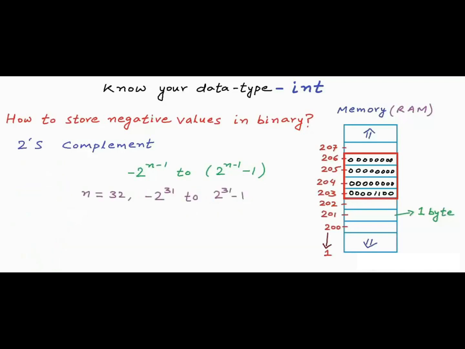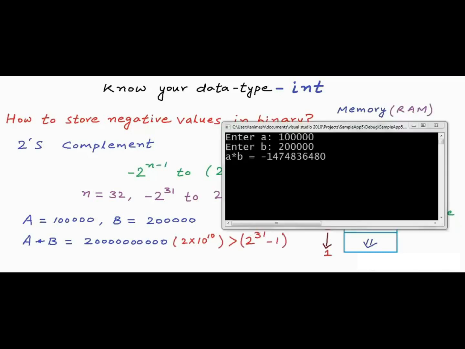Now with 32 bits we can have values from minus 2 to the power 31 to 2 to the power 31 minus 1. Albert was trying to multiply 100,000 and 200,000, and the product of these two numbers, which would be 2 into 10 to the power 10, is greater than the maximum value that we can store in 32 bits. If you remember, upon running the program we were getting this value minus 1474836,480.